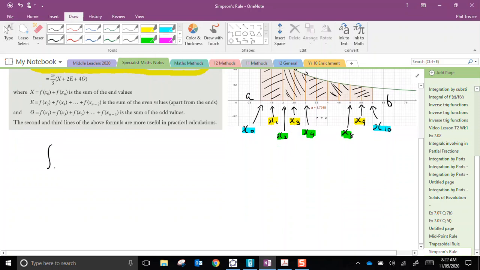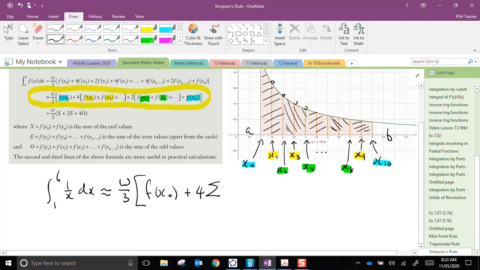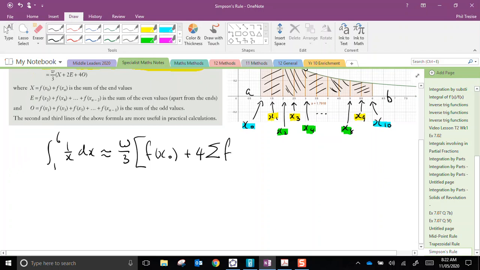So we have the integral from 1 to 6 of our function 1 over x dx, and we'll say this is approximately equal to, let's just write the rule, w over 3 times f of x naught plus 4 times the sum, like I said, that's sum there, of f of x odd plus 2 times the sum of f of x even plus f of x.